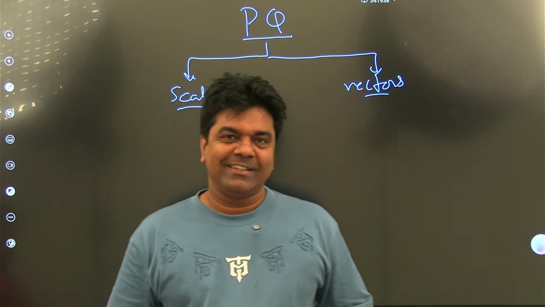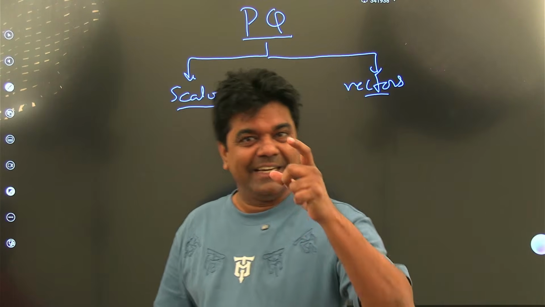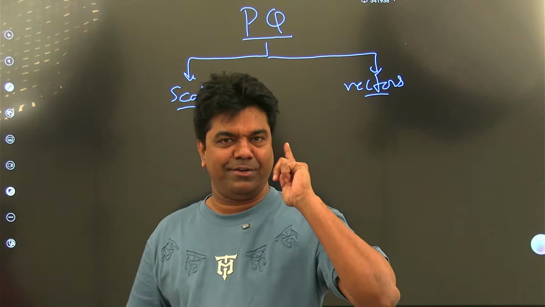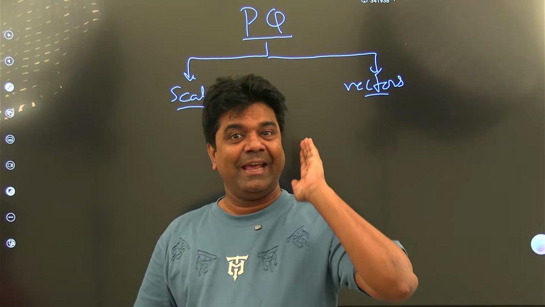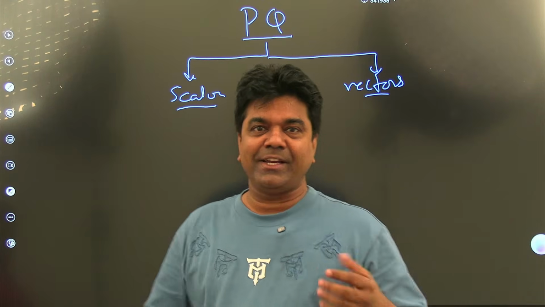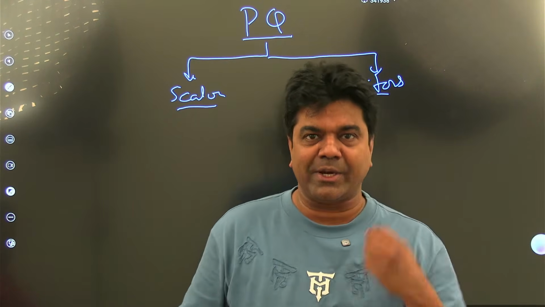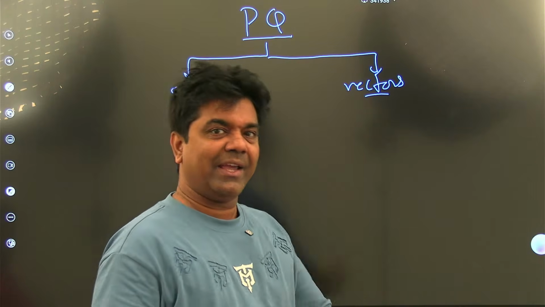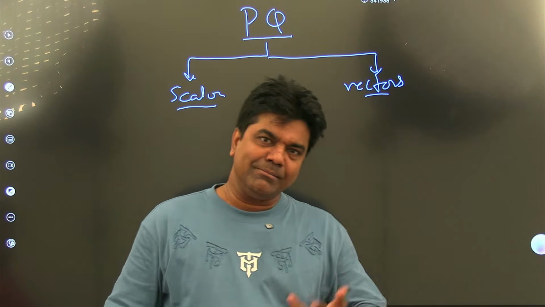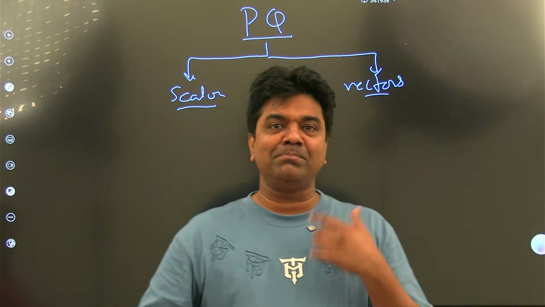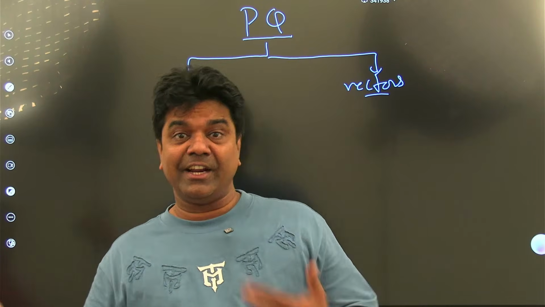Right? So why should this direction be a straight line direction? A straight direction can be illustrated using a straight line with an arrowhead. Why? Because sometimes we may have some complicated directions like the direction of pressure.